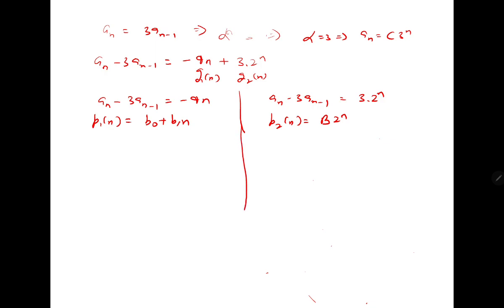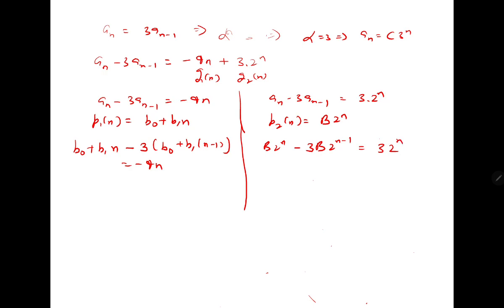Now I substitute the values. So b0 plus b1n minus 3 times b0 plus b1(n minus 1) is equal to minus 4n, and on this side B2 raised to the power n minus 3 B2 raised to the power n minus 1 is 3.2 raised to the power n.